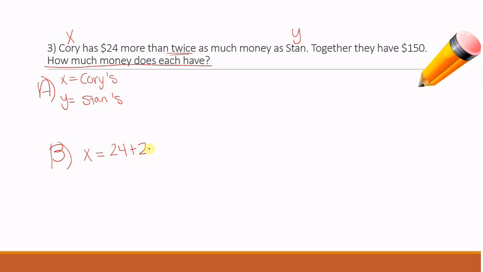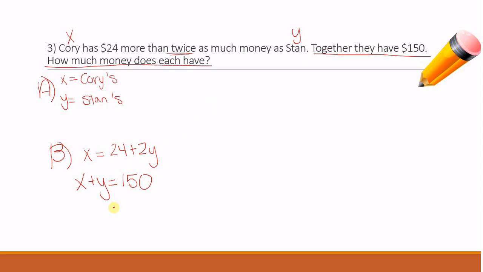So I know Corey equals $24 more than twice as much money as Stan. Then I need one more equation, and they say together they have $150. So Corey and Stan together must be $150. So if I take Corey's money and add Stan's money, I have to have $150, right?